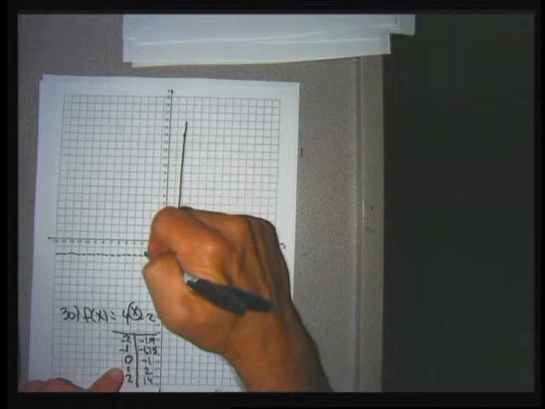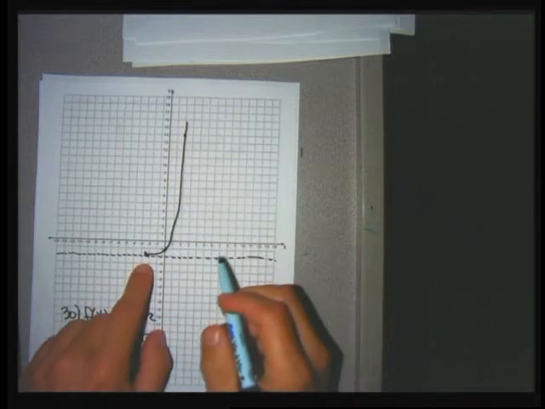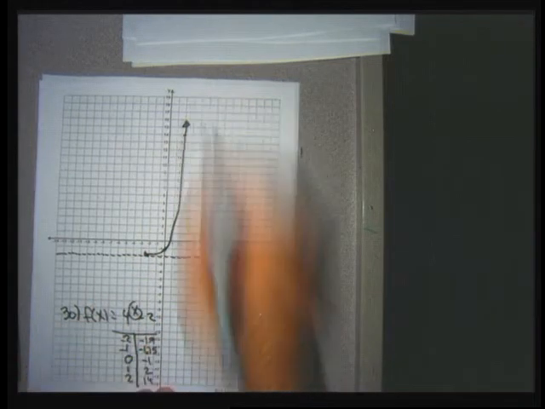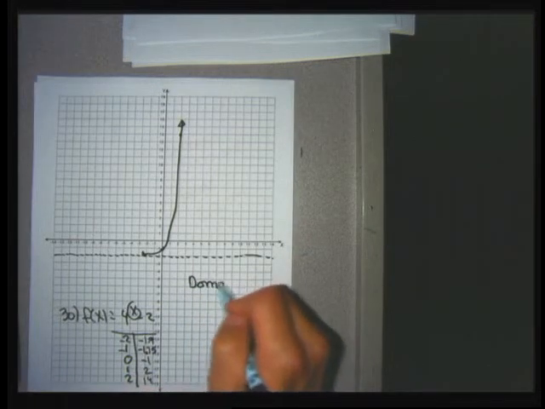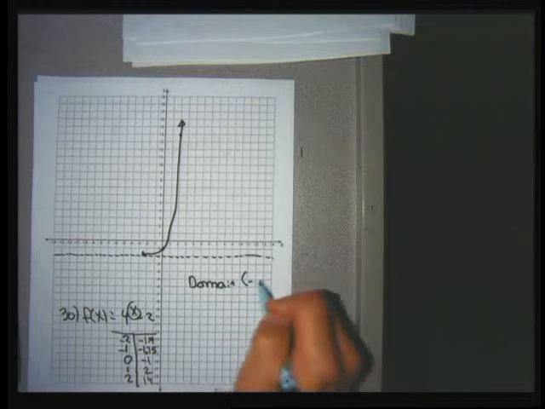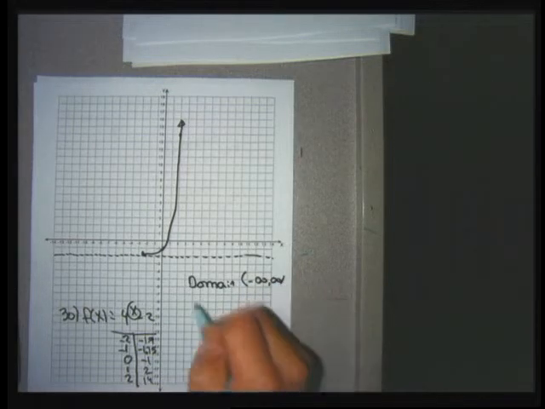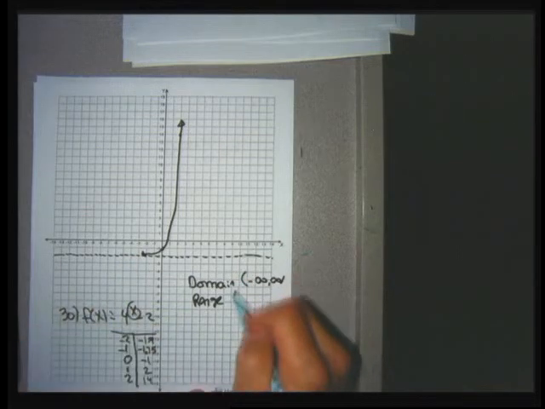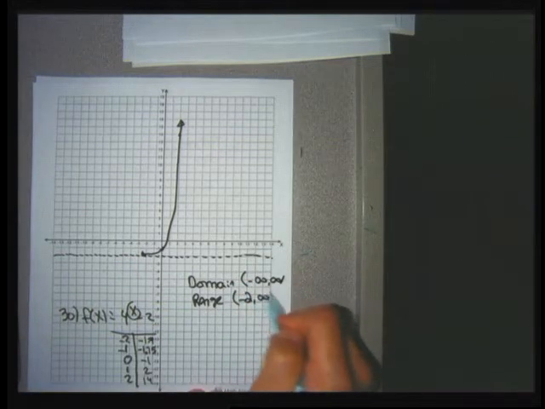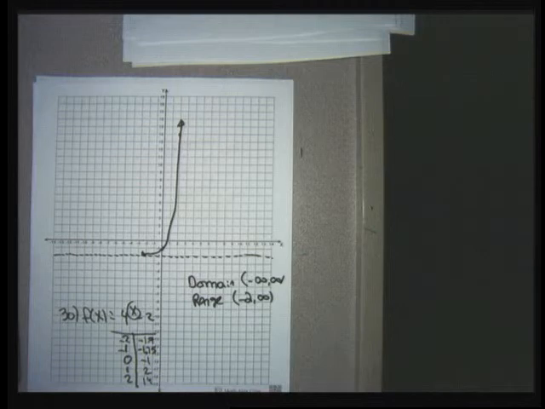And the graph should stay just above this dashed line. For us, the domain of every graph that we do in this exponential graphing section is negative to positive infinity. And the range, when you have that plus or minus, the beginning of the range gets shifted down. So it's negative 2 to infinity.